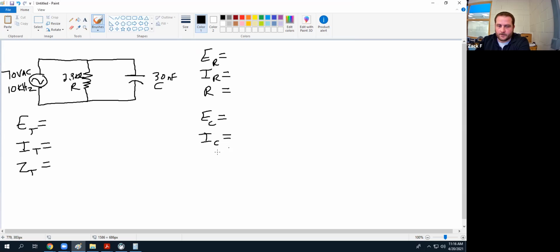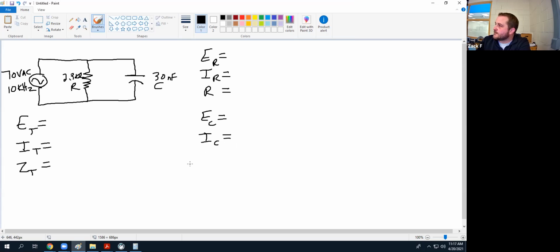And what is the resistive value of the capacitor in this circuit? What do we call that? Tegan? What do we call that? The resistive value of the capacitor in the circuit. Starts with a C and rhymes with capacitive reactance.